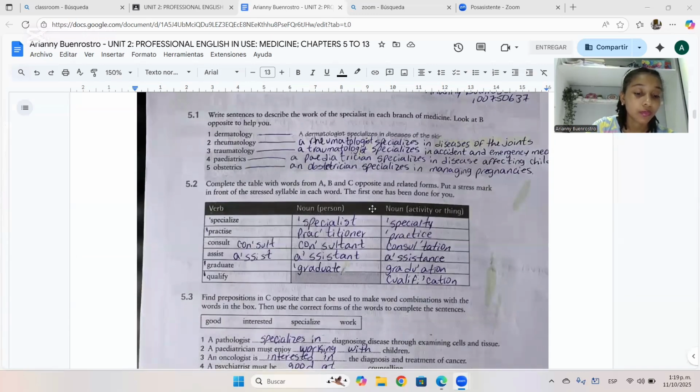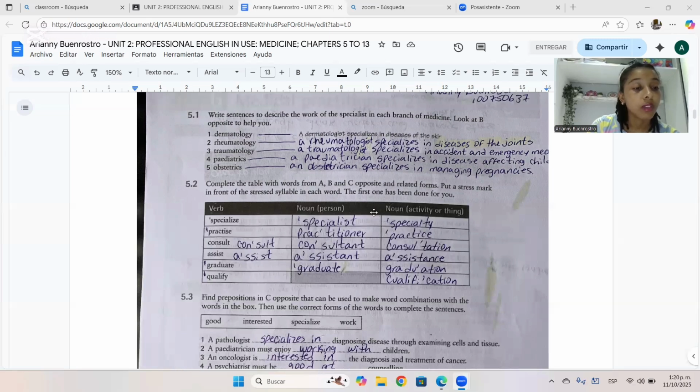Exercise. Write sentences to describe the work of the specialist in each branch of medicine. Look at A opposite to help you. 1. Dermatology. A dermatologist specializes in diseases of the skin. 2. Rheumatology. A rheumatologist specializes in diseases of the joints. 3.